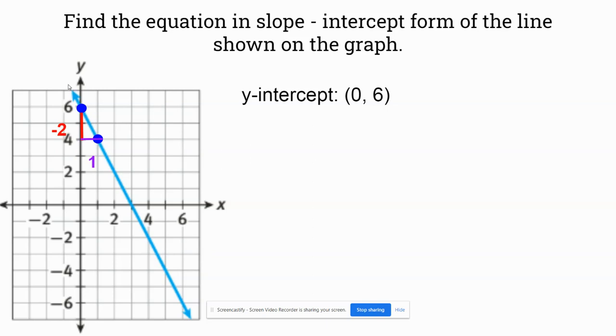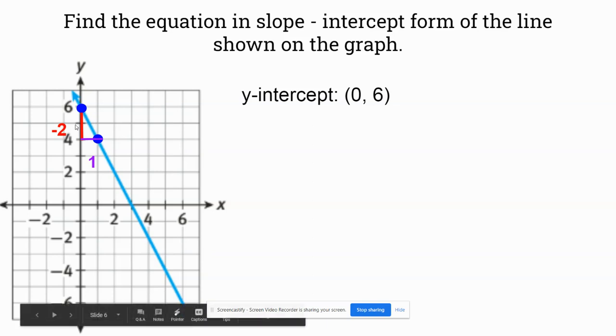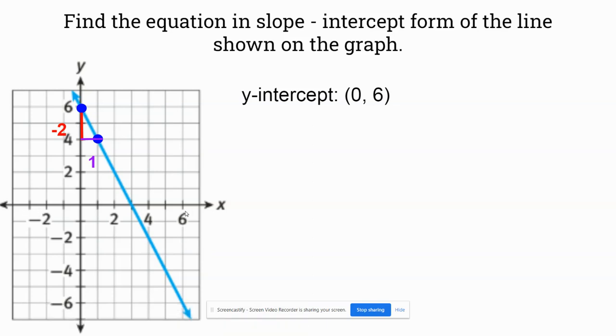Anytime my graph is decreasing, or going down, as I move left to right, the slope has to be negative. So here our slope is -2 divided by 1, which simplifies to -2. And then I can go straight to my slope-intercept form from here, with -2 going in for m and 6 going in for b.